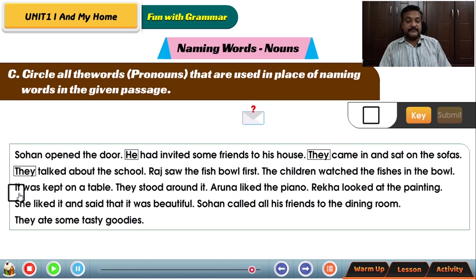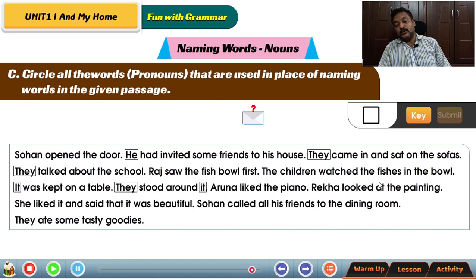So here it, the word it here stands for the fish bowl, isn't it? It stands for a fish bowl. They stood around it. Who stood around it? The friends stood around it. It. What is it again? It is yes, the fishbowl.